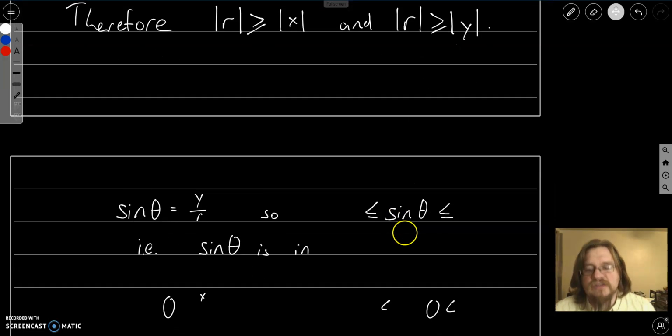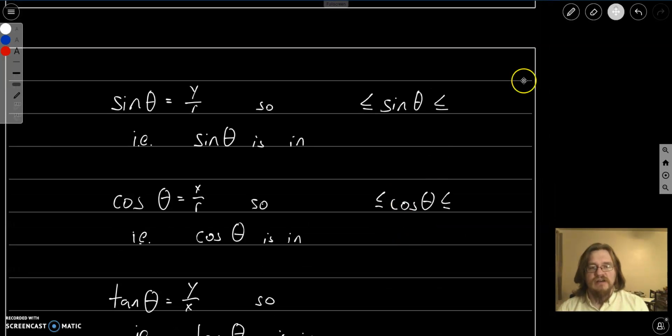So what does this mean? Let's look at what this implies for our trig functions. Since r is going to be at least as big as y, this means that this fraction here will always have a smaller number on top than on bottom.